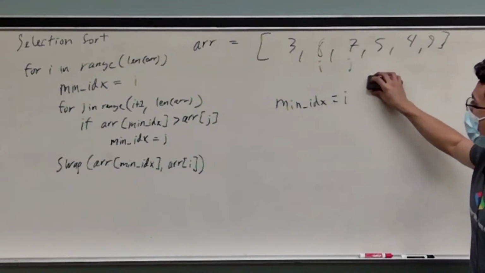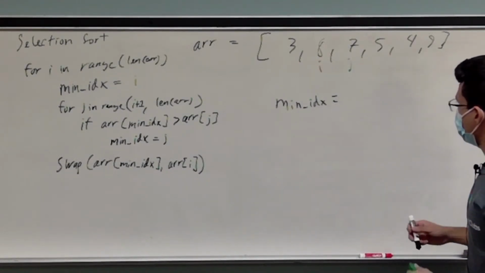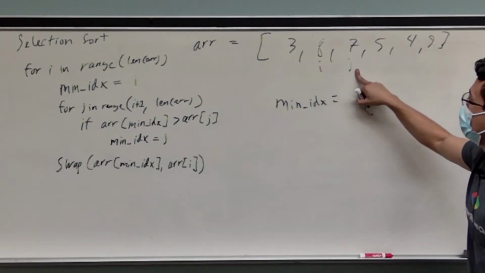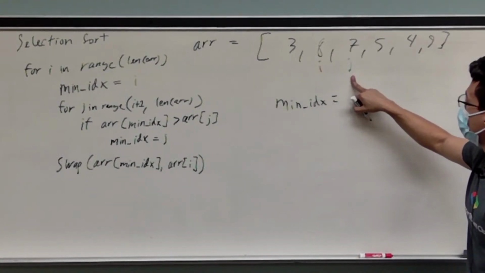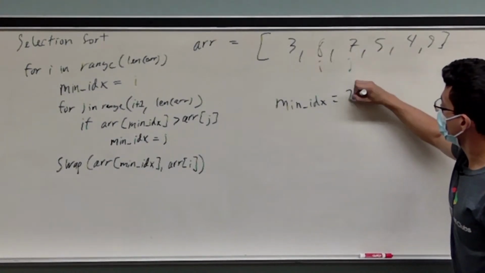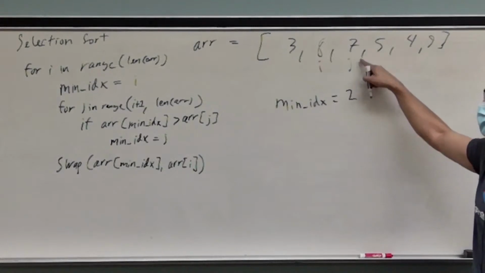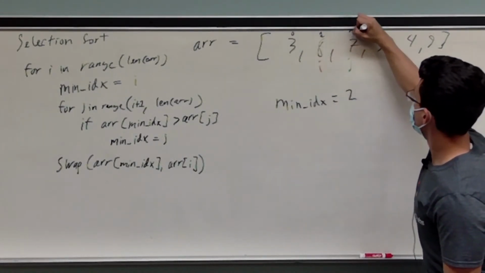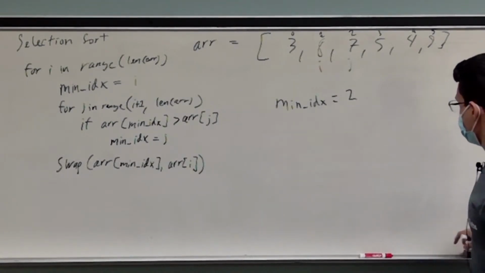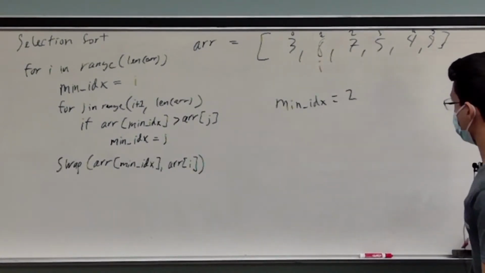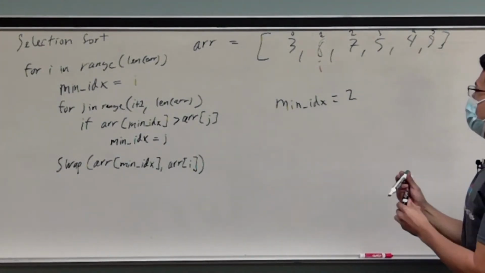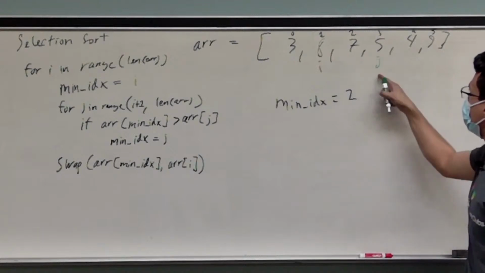So now we have to change the value to the value that J is at, which is, well, actually I have to put the actual number. This is array index 2. That's why I'm putting 2. So I changed it that time. We move it up. Now we're here.